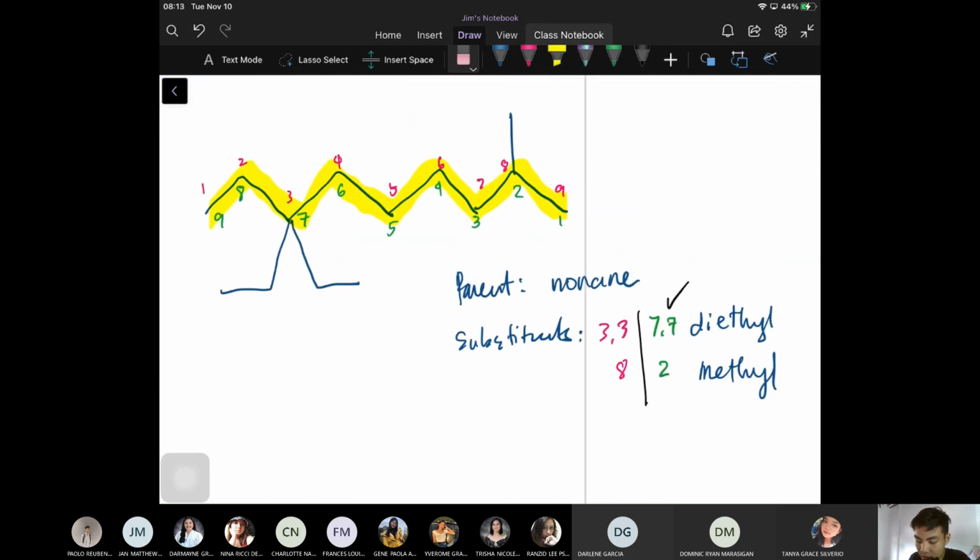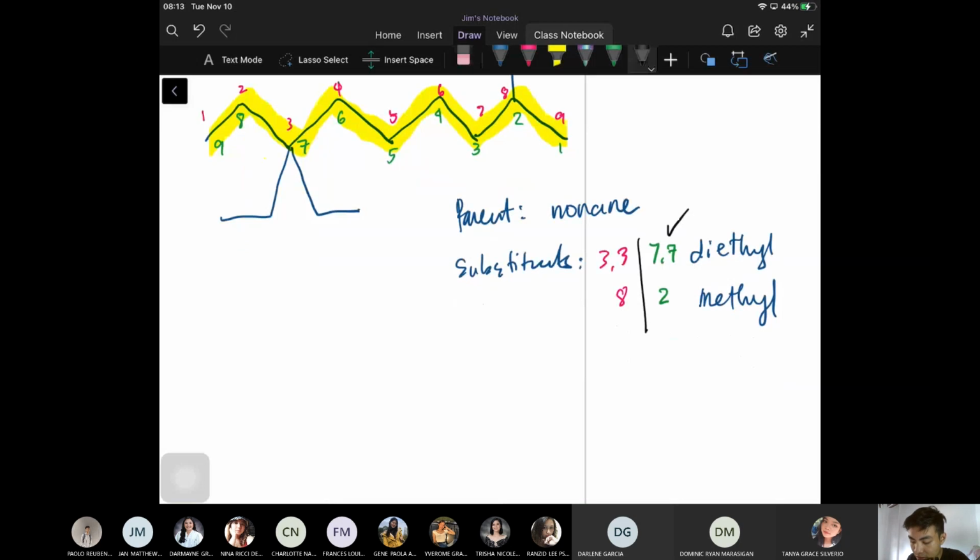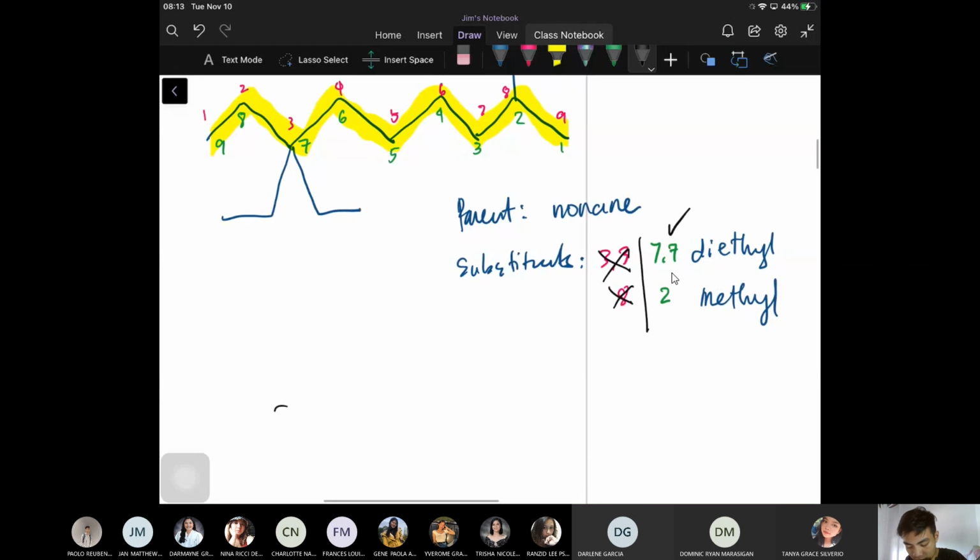So, eventually, kukompletuhin natin yung kanyang complete name. Again, arrange them alphabetically. The Greek prefixes, hindi yan nag-matter sa pag-alphabetize. So, basically, mauuna itong diethyl. Kasi letter E, no? So, that's 7, 7 dash diethyl, followed by the methyl substituent, and the parent name.